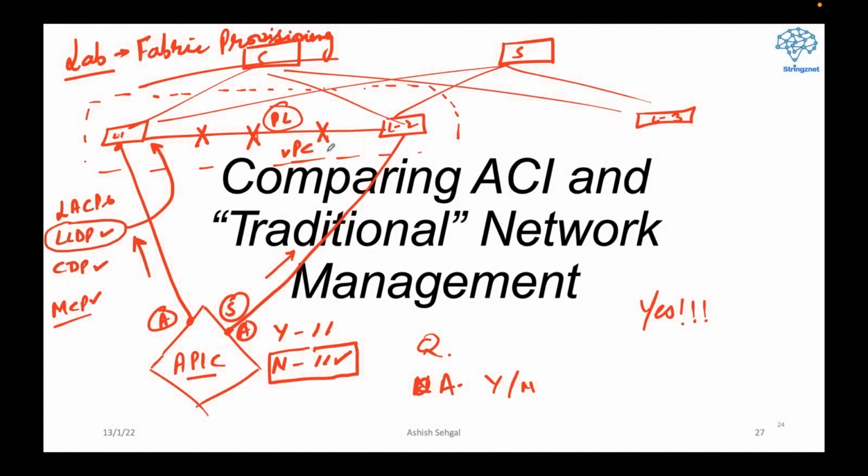Okay. I have a question. Please. What you're saying is that in ACI, if you want to achieve VPC, you don't necessarily need to connect the two leaf switches together before you can achieve it. Yes.